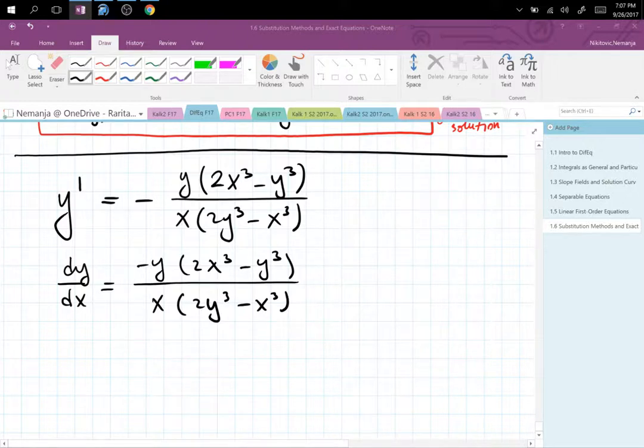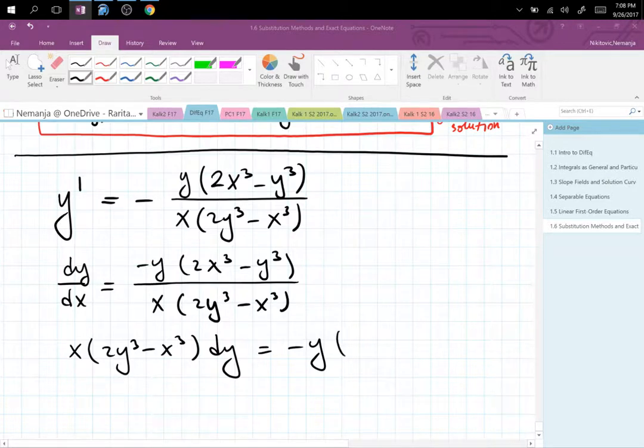So I will have x times 2y cubed minus x cubed dy equals negative y times 2x cubed minus y cubed dx.